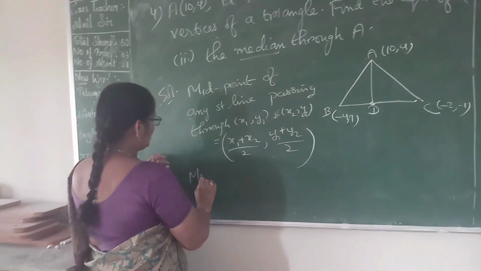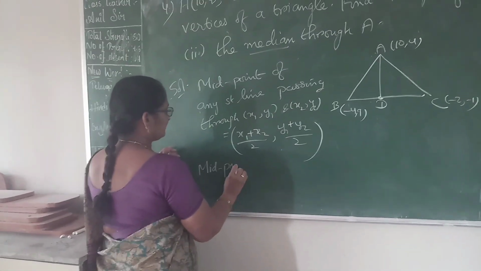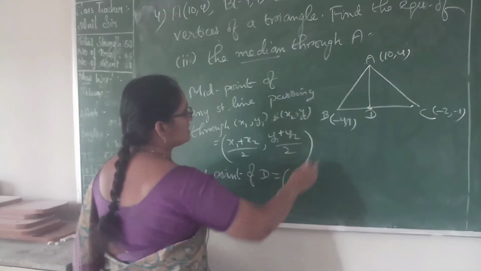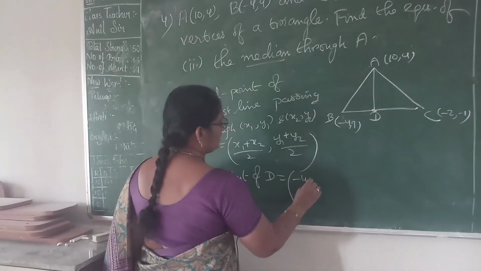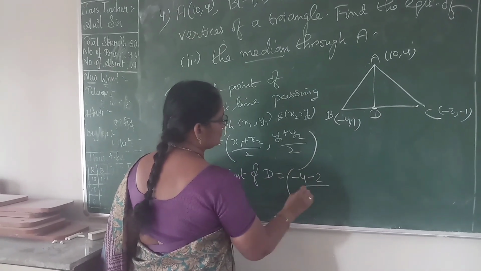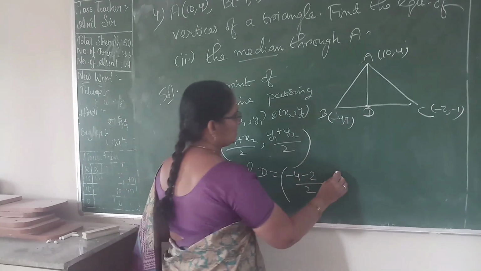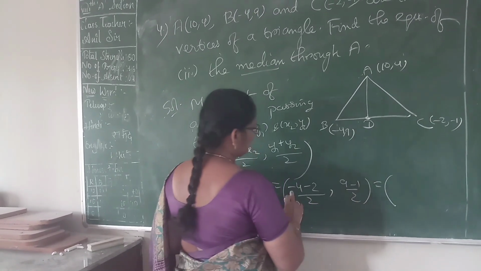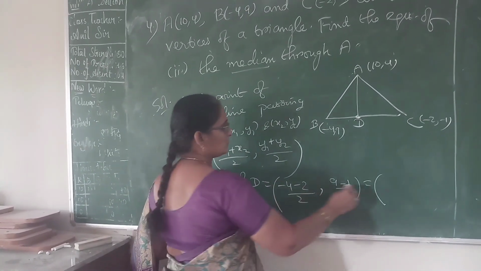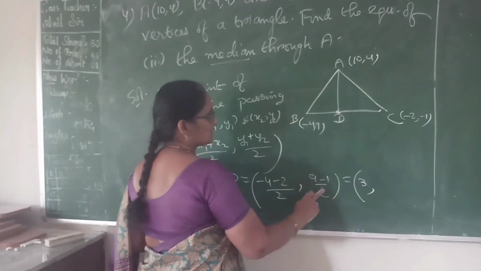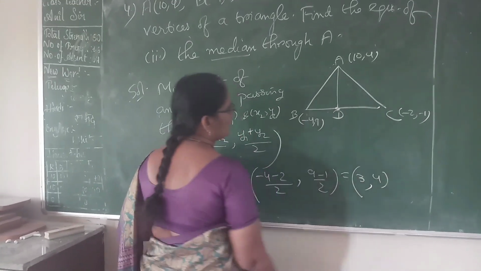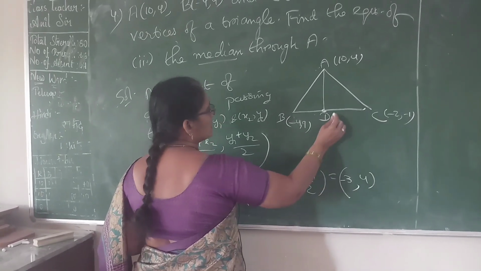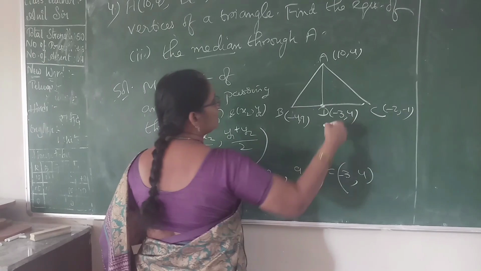So now we will find the midpoint D. Here x1 is minus 4, x2 is minus 2, by 2, comma, y1 plus y2, 9 minus 1, by 2. Minus 4 minus 2 is minus 6, minus 6 by 2 is equal to minus 3. 9 minus 1 is 8, 8 by 2 is equal to 4. So point D is minus 3, 4.